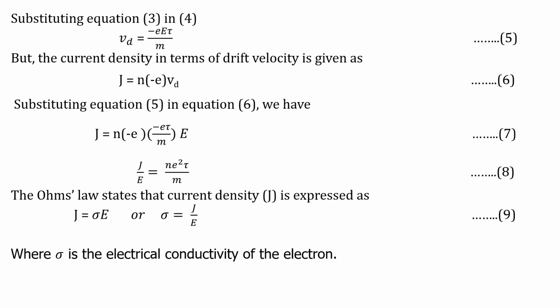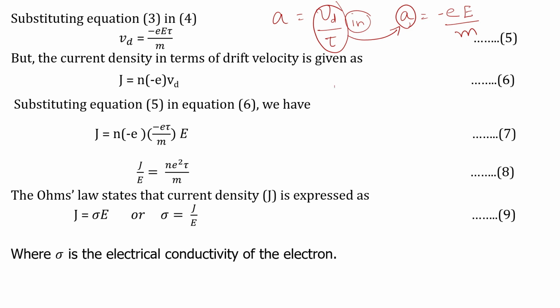Then we are substituting a is equal to drift velocity by relaxation time in the equation a is equal to minus eE by m. Here Vd by tau is replacing the acceleration.